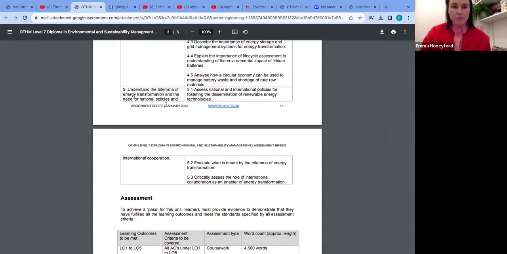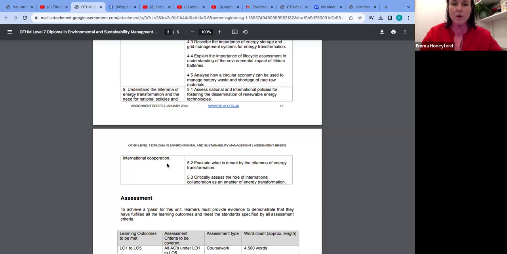Okay, so I'm going to zoom in here. Today we're going to understand the trilemma of energy transformation and the need for national policies and international cooperation.